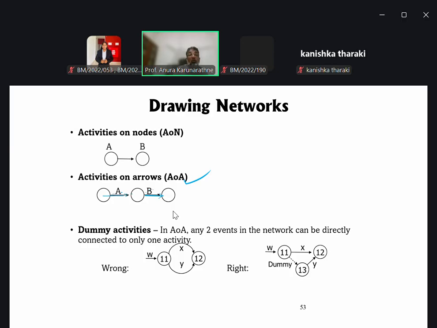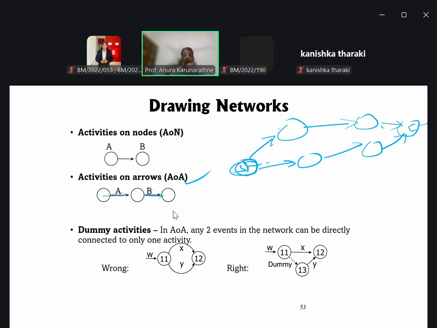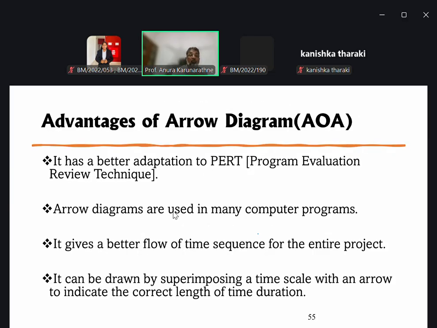Always we have to start activity from left to right. Only one starting regarding the dummy we made mention of. Under the AOA method, yes, these are the criteria.